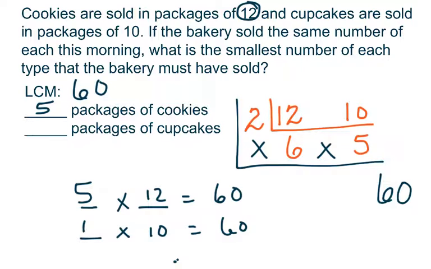So 6 times 10 is 60. So I would have to figure that out to figure out how many packages of each were sold. Be really careful when you're figuring that out. Remember, it is not at the bottom of the slide like it was for greatest common factor. You will miss it every time if that's what you put down.